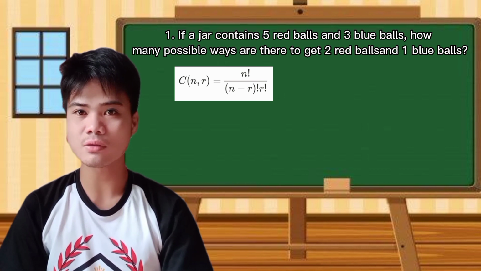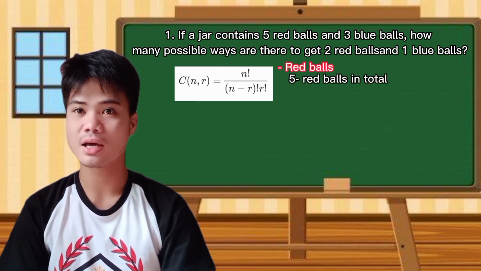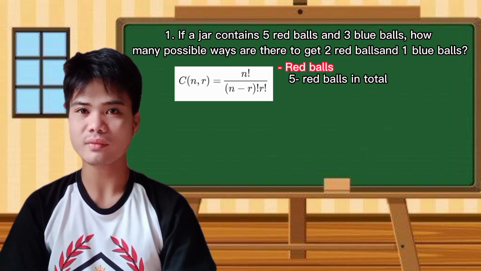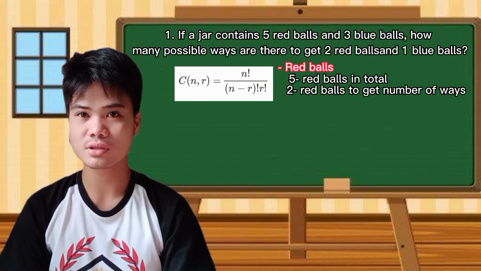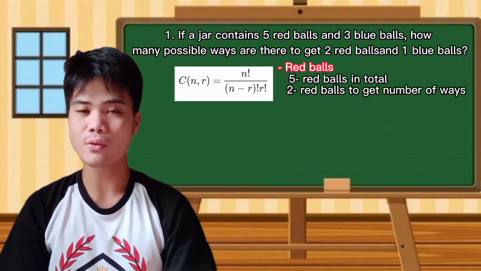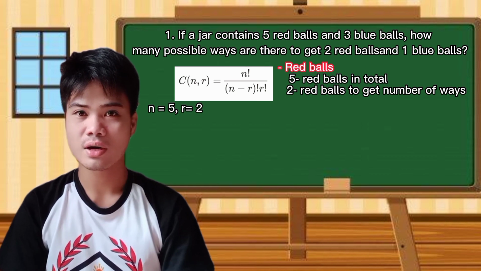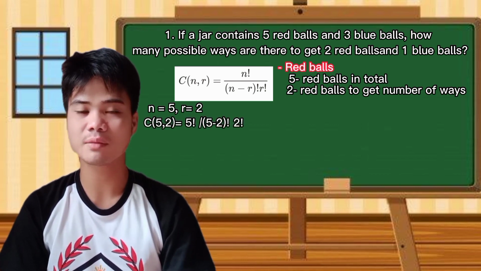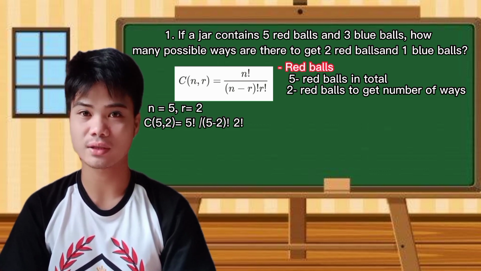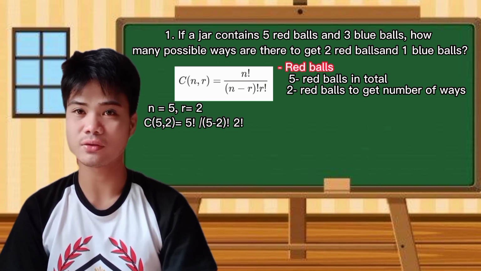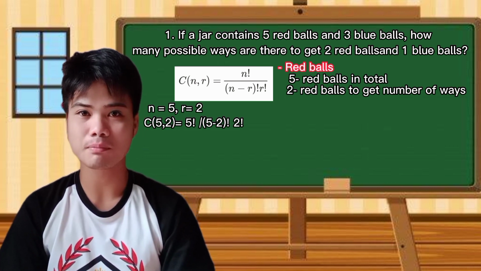First, let's solve for red balls. There are 5 red balls in total, and you just find the number of ways to get 2 red balls. So substitute the values. Our n is 5 and our r is 2. So 5 factorial divided by 5 minus 2 factorial times 2 factorial. When you say factorial, you multiply from the given number down to 1.